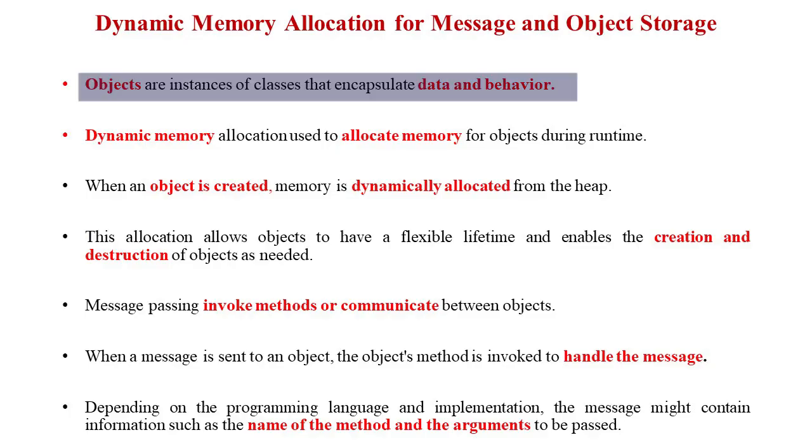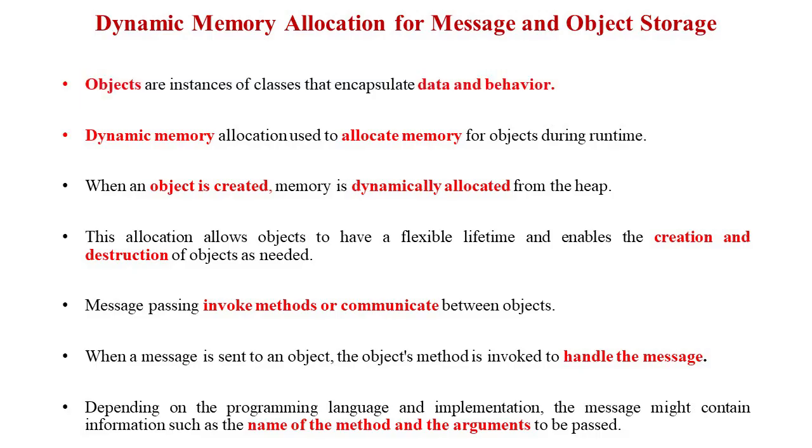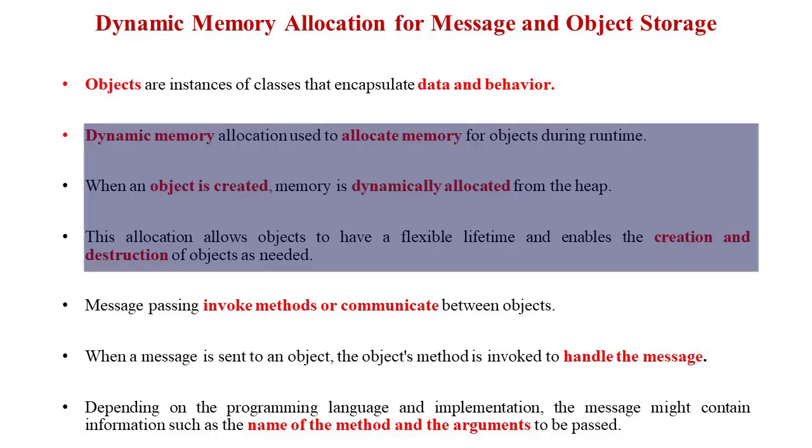Object-oriented programming is based on objects. What are objects? Instances of classes. These objects encapsulate data and behavior. Now, in order to allocate memory for these objects, dynamic memory allocation is used.